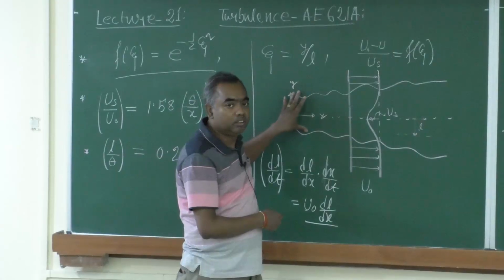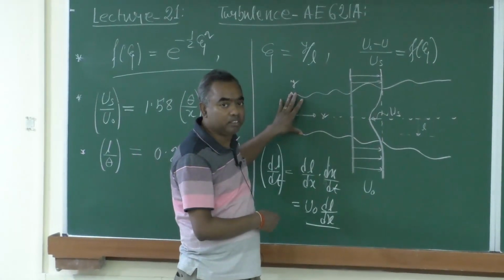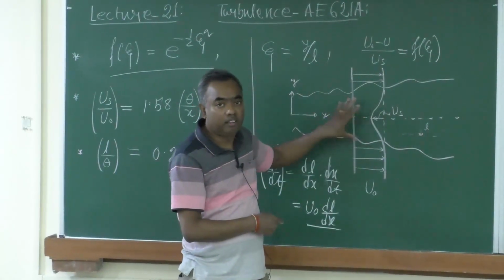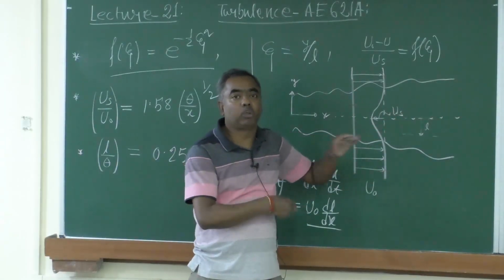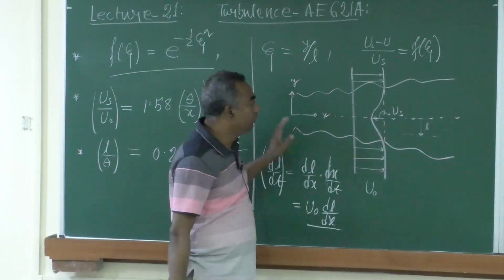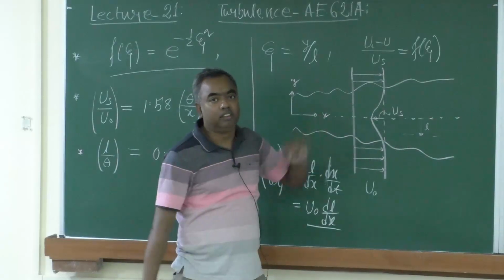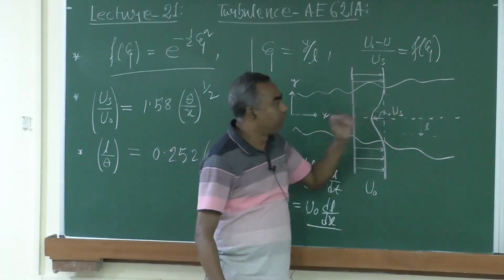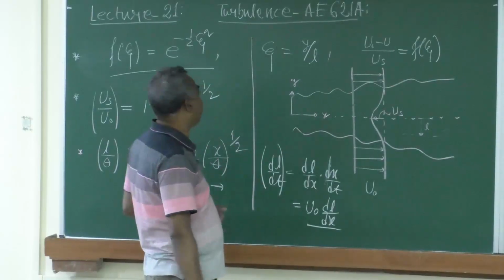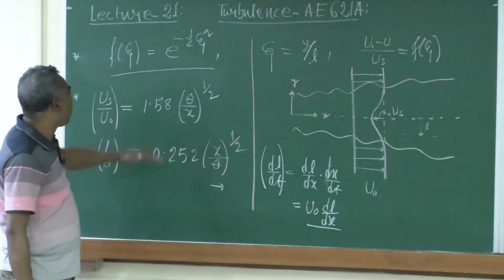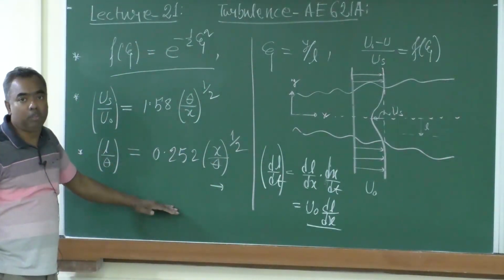The time scale at which turbulence is generated and the time scale at which it is propagated are proportional. That is why self preservation works for this particular case. So, this is one point I would like to make from the solution we have got for the turbulent wake.